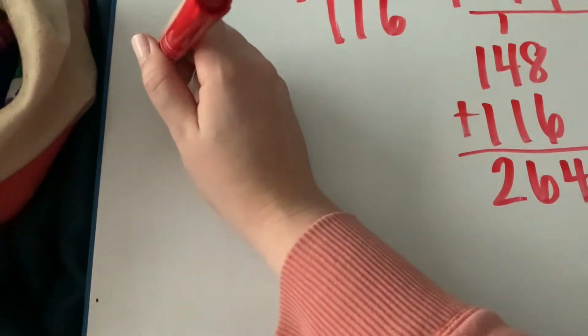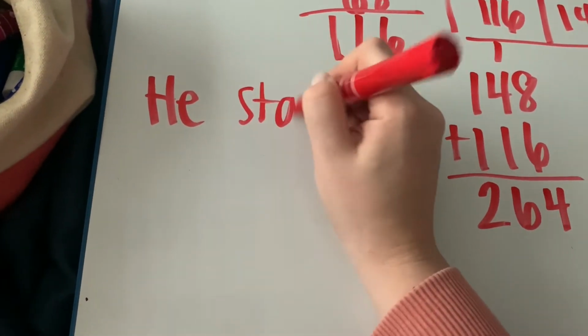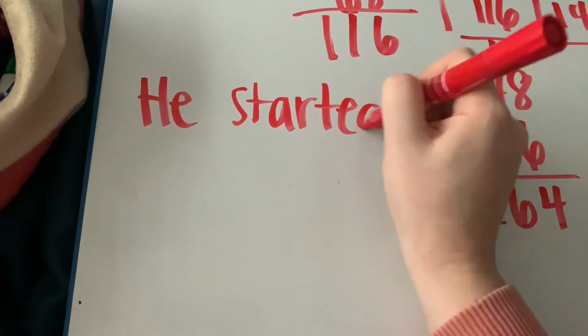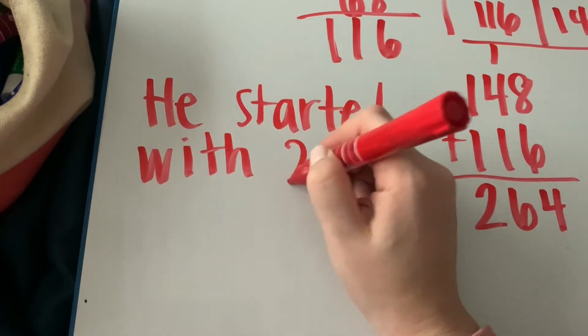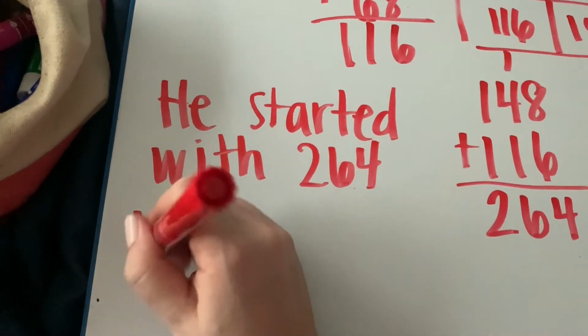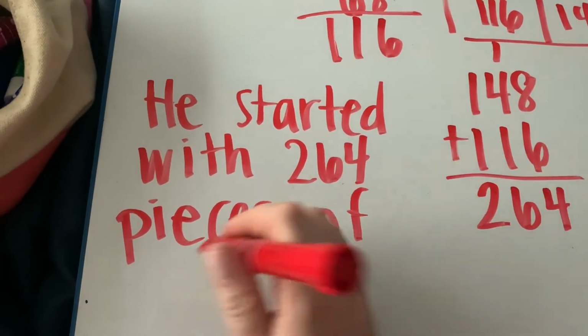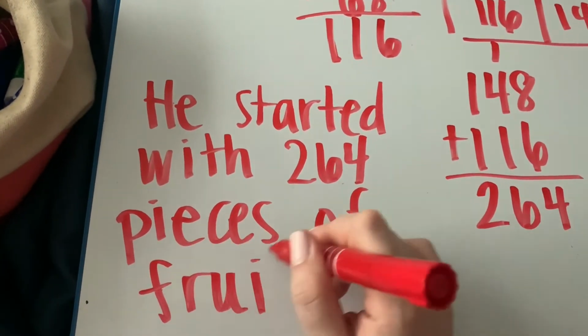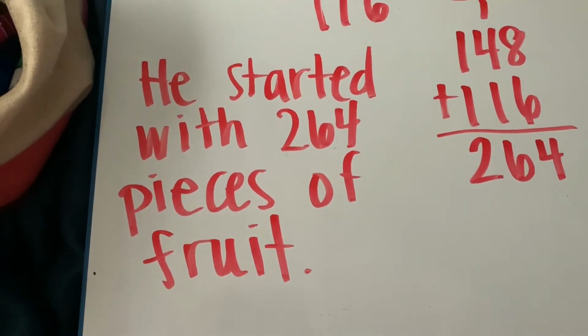That's 264. So he started with 264 pieces of fruit. Okay, so that's way number 1.